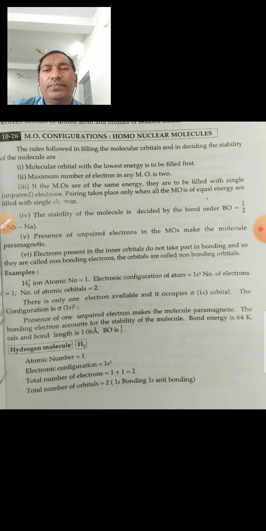Third, if the molecular orbitals are of the same energy, they are to be filled with single unpaired electrons.